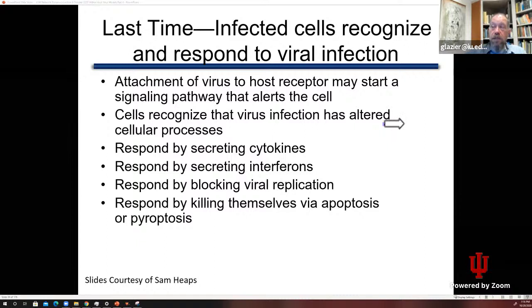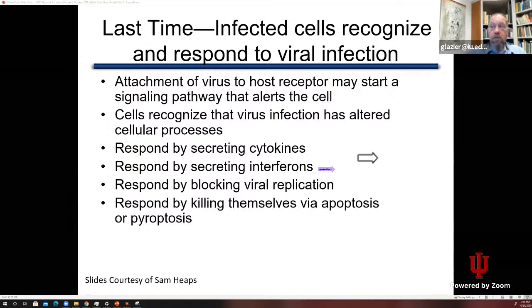One of the things that cells do, we've talked about cytokines, which are primarily long-range signals to the immune system. Interferons are innate immune responses that are local to the tissue for the most part. And they send local signals from cell to cell saying that there's a virus or a bacterium in the vicinity.